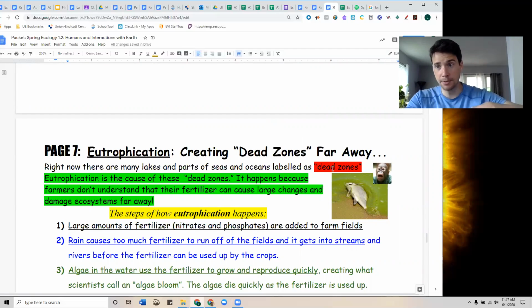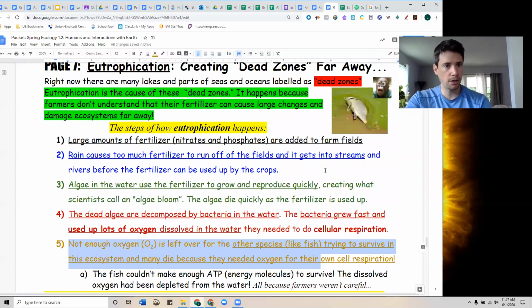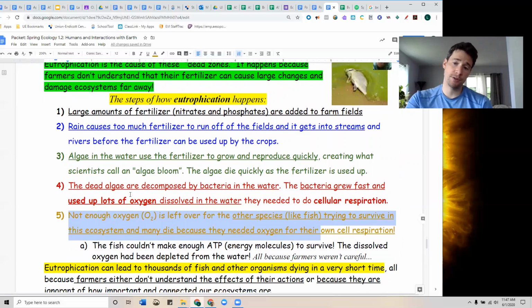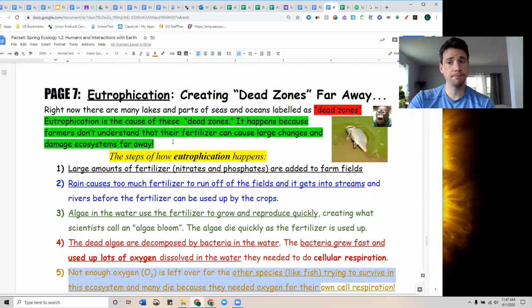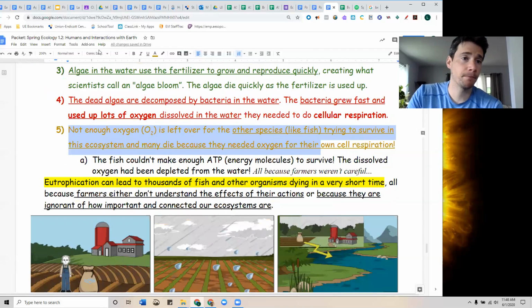I know there's a lot of steps here, so you can rewind or pause, but this is something that actually happens because a lot of farmers don't realize that they're putting too much fertilizer that doesn't get used up by their plants, and it can harm ecosystems far away. So we need to educate people like farmers. We need to educate everybody to consider what's going on to our planet when they create our foods.